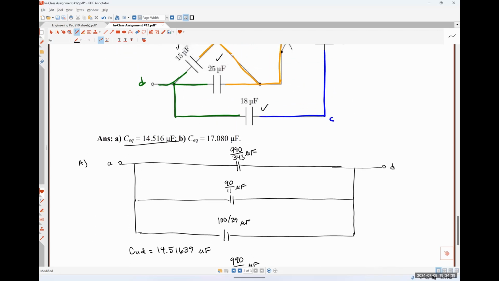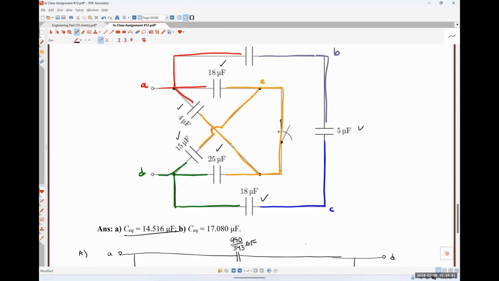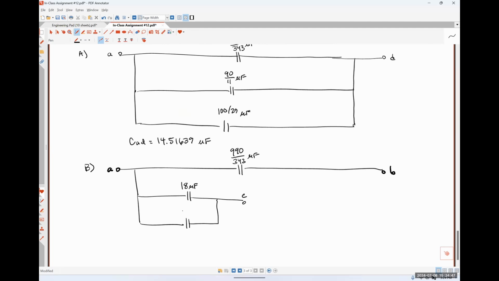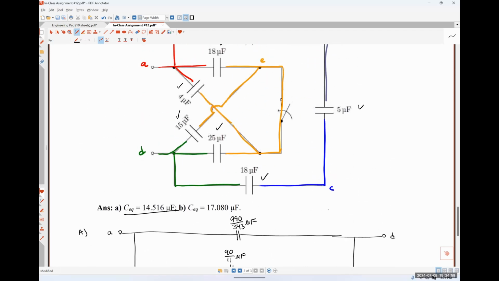So my two different ways to go from A to E are through the 18 and through the 4. And my two different ways to go from E to, excuse me, this should be D, are the 15 and the 25.